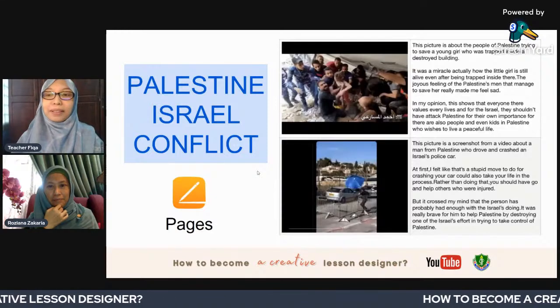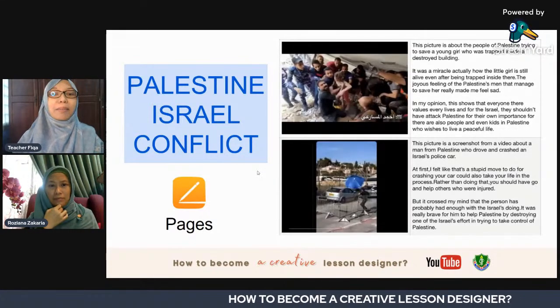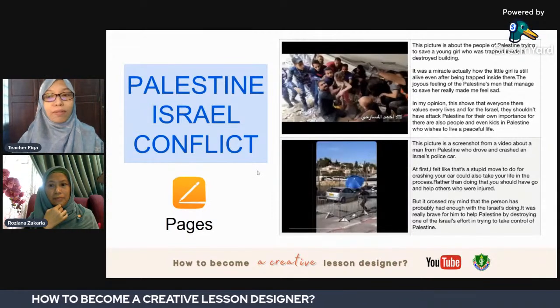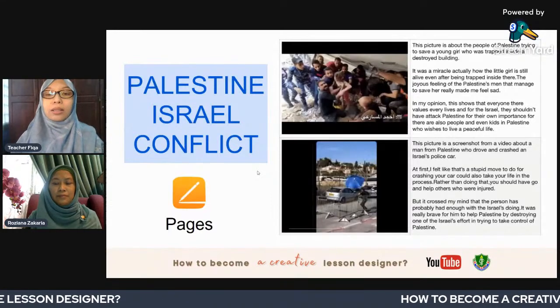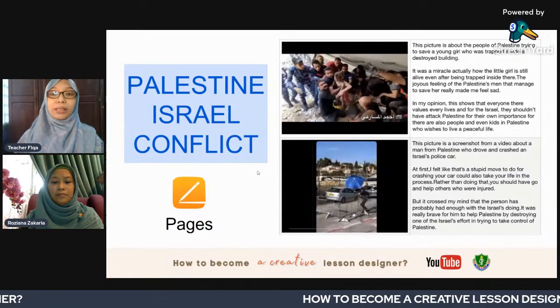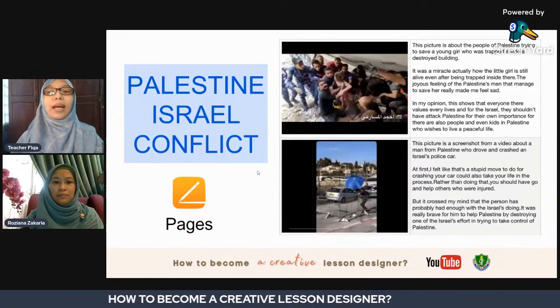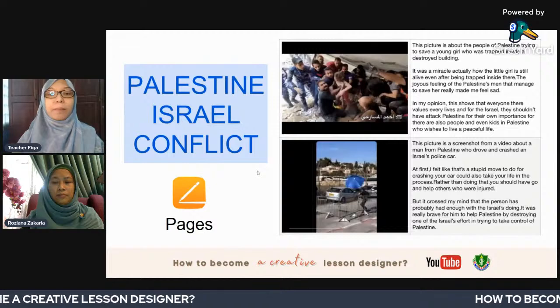So during our very first PdPR lesson after the Raya break, I asked my Form 3 students to gather 10 pictures related to the conflict, and then using the Pages app, as you can see on the screen, they have to describe the pictures in 20 to 30 words. So we test their writing skill here, and it means they have to provide one description per picture.